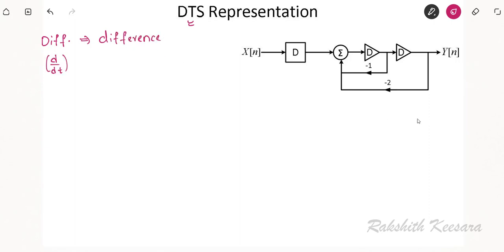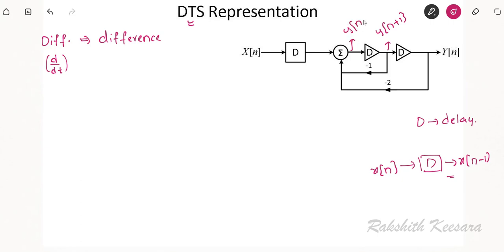So here D indicates delay, that is if x of n is input to my delay block, then output will be x of n minus 1, delay by 1 unit. Here if the output is y of n, input will be y of n plus 1, and here this will be y of n plus 2, and here the signal is x of n minus 1.